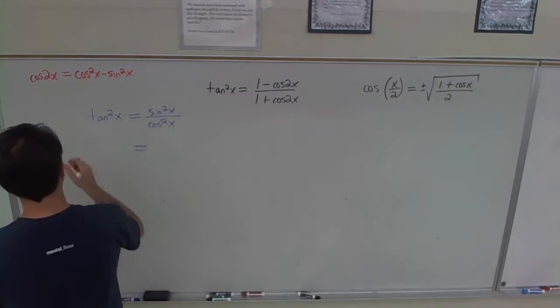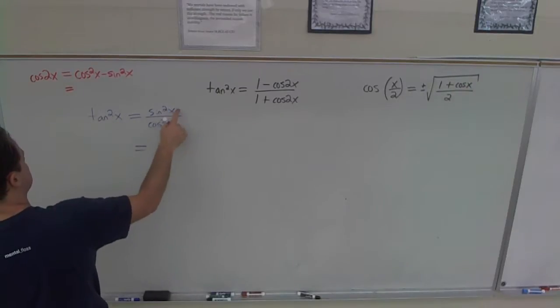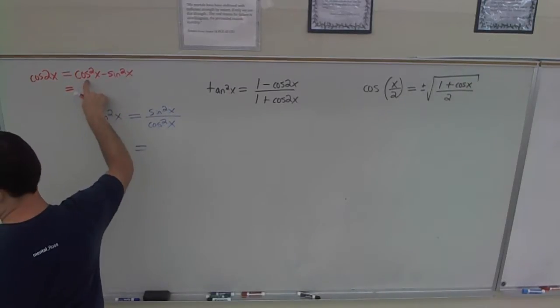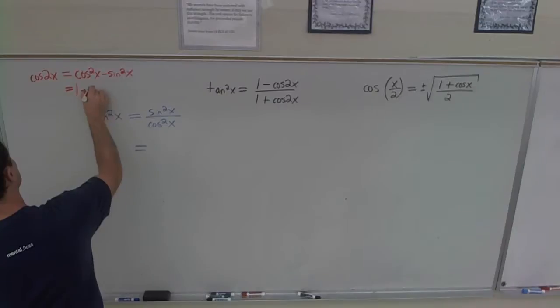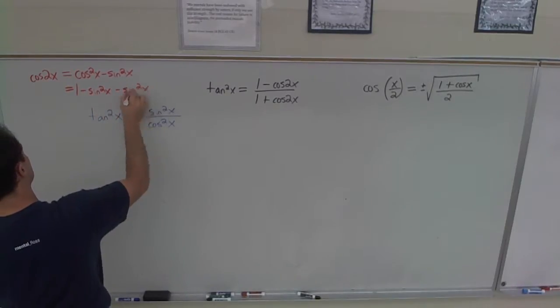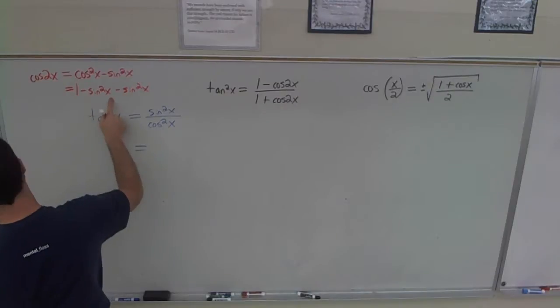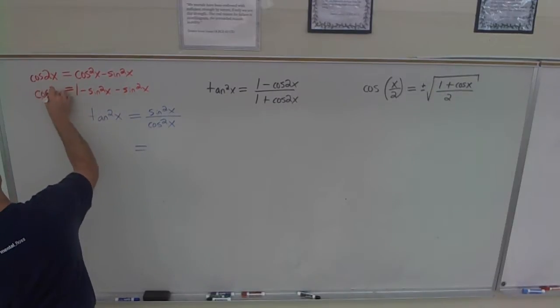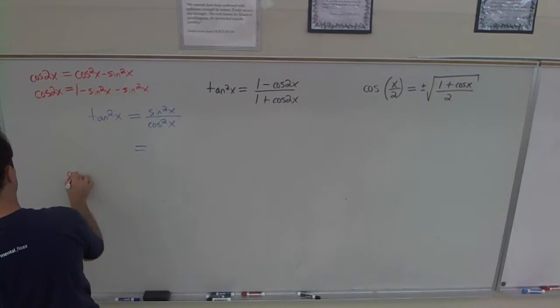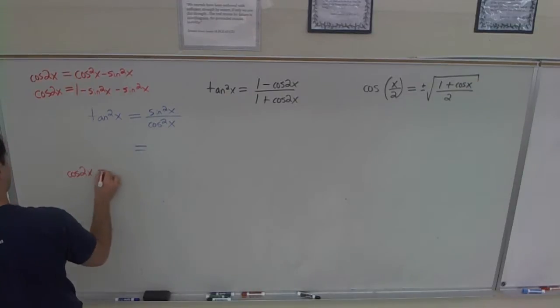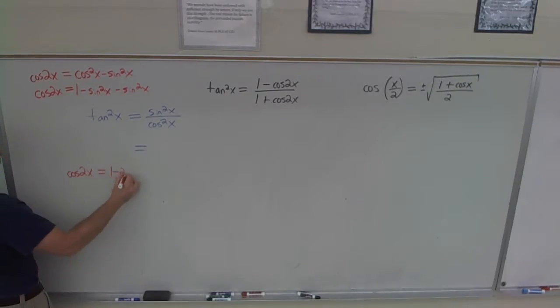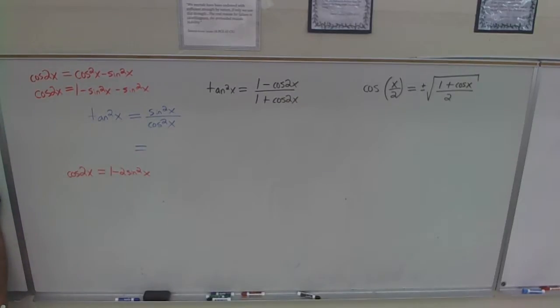So if I want to convert sine squared, then I better turn this one into sine squared, just like we did a second ago, using Pythagoras. So that says cosine of double x is equal to 1 minus 2 sine squared, just like we had a second ago on that other problem. This is an argument you should be able to go through.